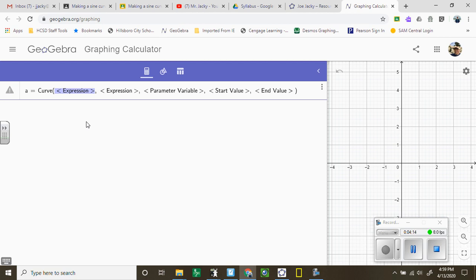So you're going to put in the theta, okay, but theta is hard to type, so we're going to use t instead of theta. So we type in t, and then make sure you hit times, and then you're going to do cosine, and then left parenthesis t. Okay, now put your cursor in here. See how the cursor is blinking right there?